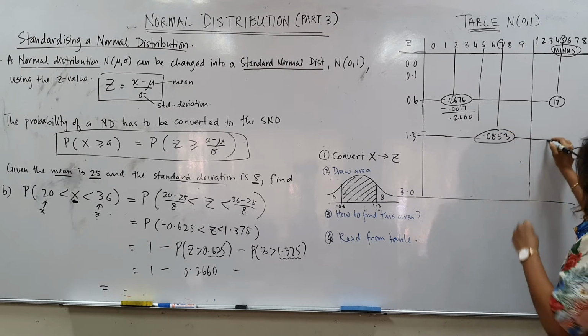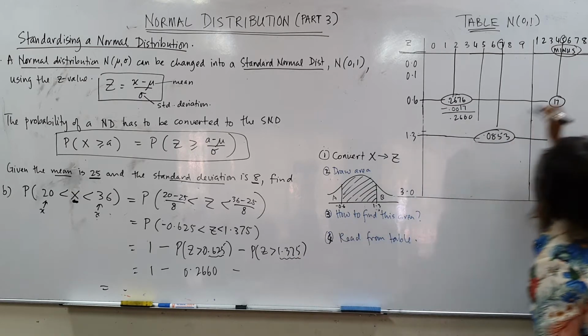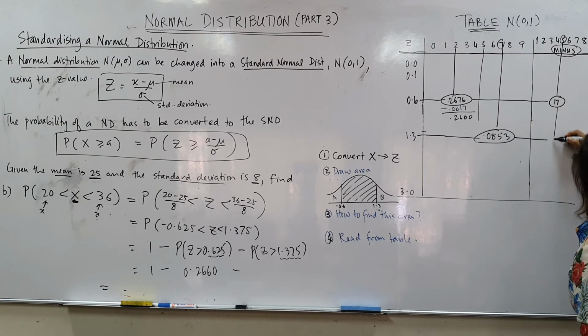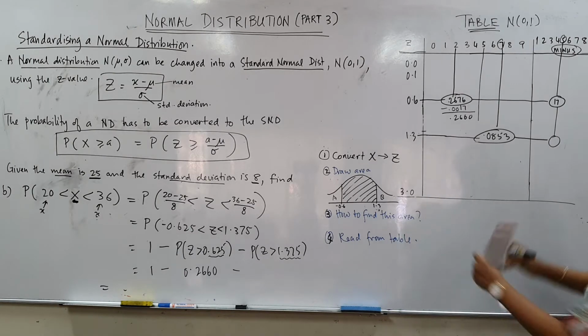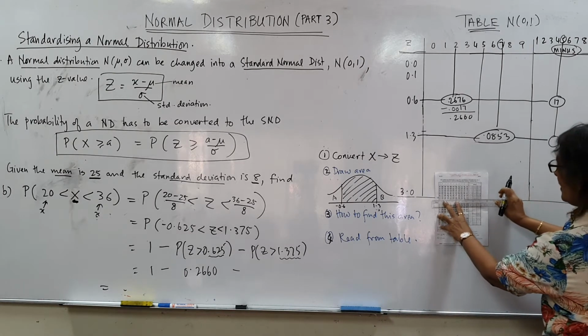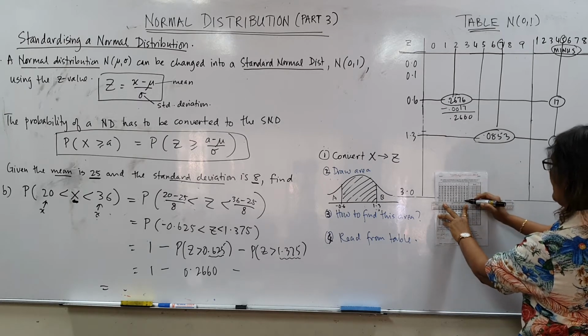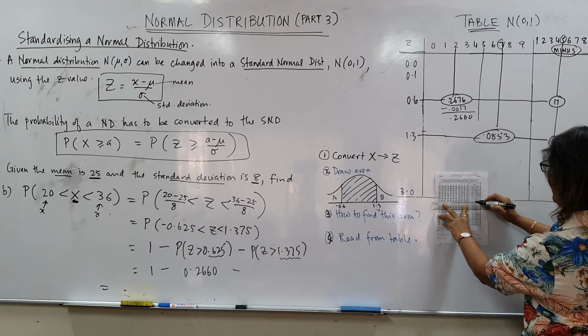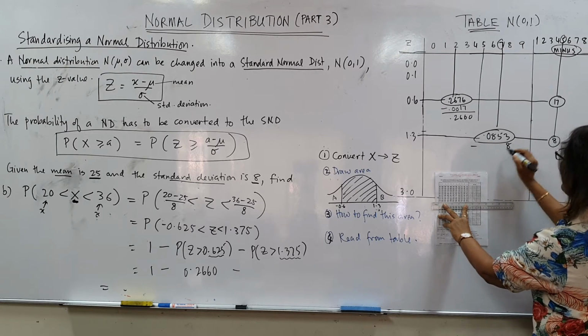Okay, and then 5. 5 will be here. Go down and see what's the value here. Okay, you put a ruler so that you can see, like this. You put a ruler 1.3 and 7 and 5. 5 here is 8. So you need to minus 8 at the back.